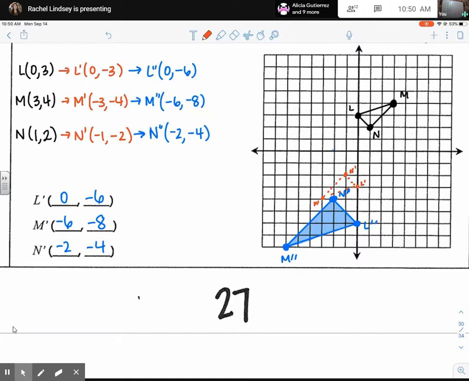But yeah, that's the basics of it. You're just applying transformations over and over again. We've already done something like that with just single translation on that first worksheet on page 7 and 8.